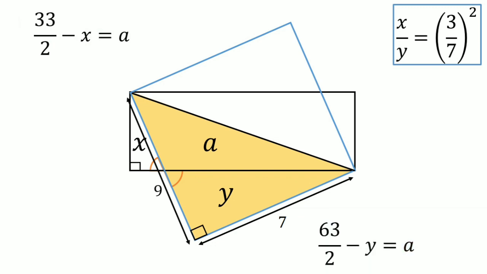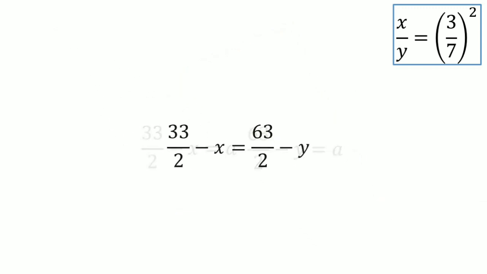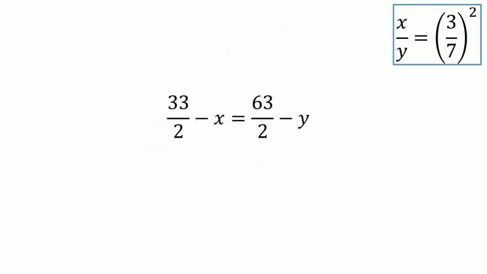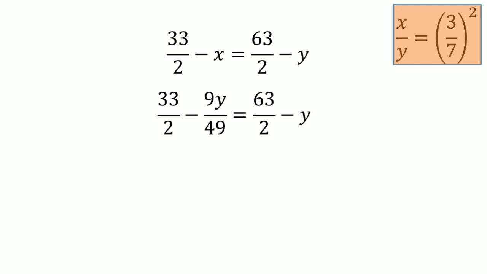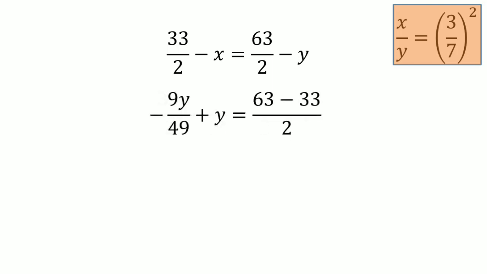Now equating these both equations, we have 33 divided by 2 minus x is equal to 63 divided by 2 minus y. We got this by using similarity rules and substituting the value of x. Doing further simplification, we get something like this.